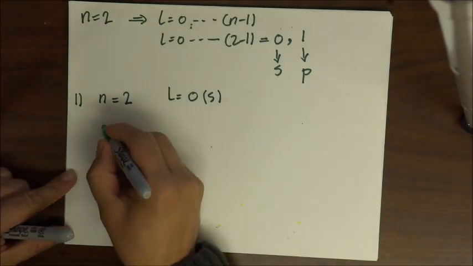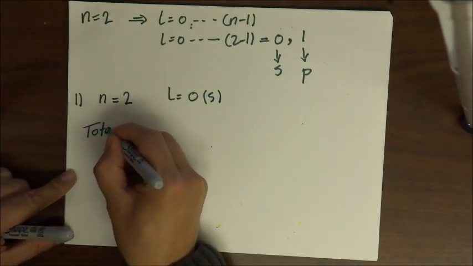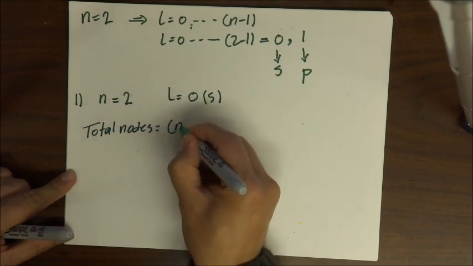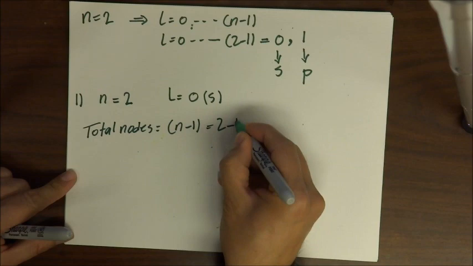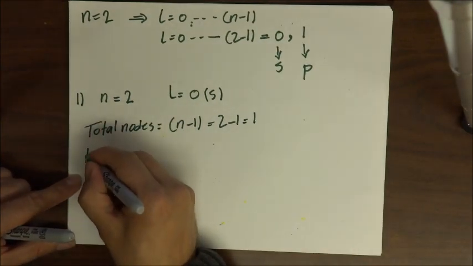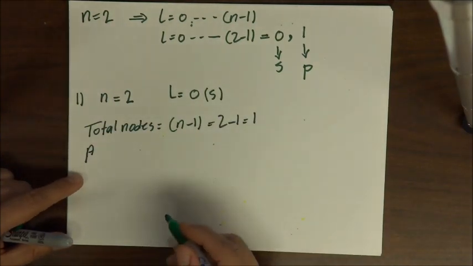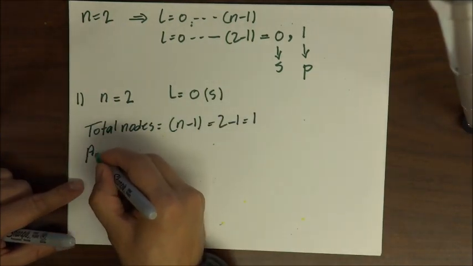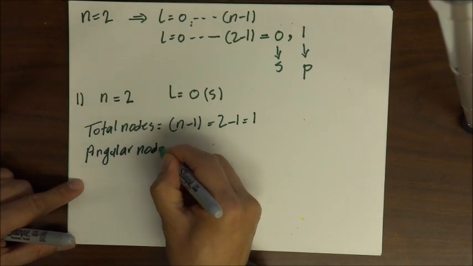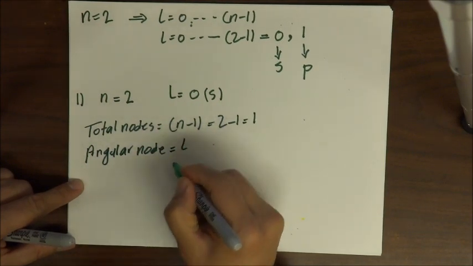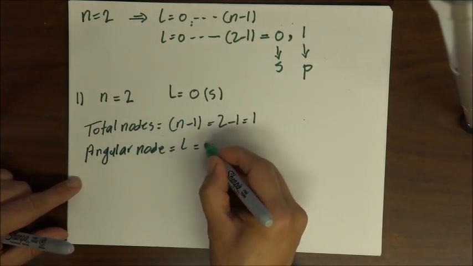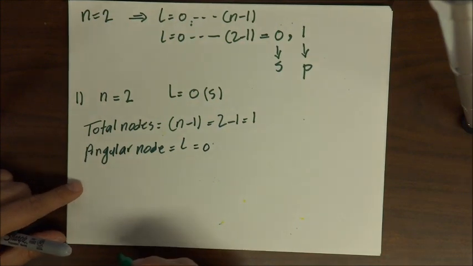Total nodes is gonna be n minus 1, 2 minus 1, 1. So we have one node. Find angular and radial node. Angular node will be equal to L. When L is equal 0, you don't have an angular node.